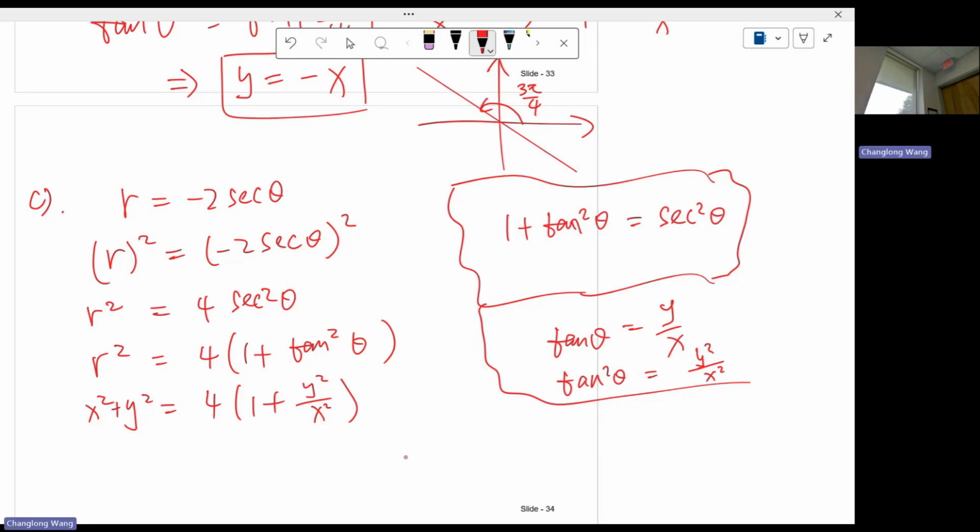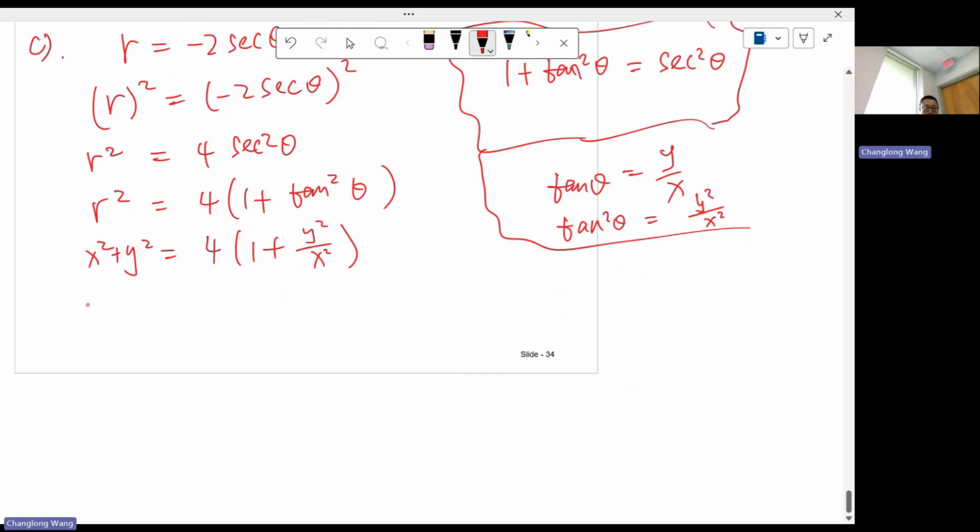Do you see that something could have been removed? You could distribute, you can either do it now or later. But the denominator should be kind of concerning, right? If you want to get rid of the denominator, multiply both sides by x squared, just like with a rational equation. So let's do that.